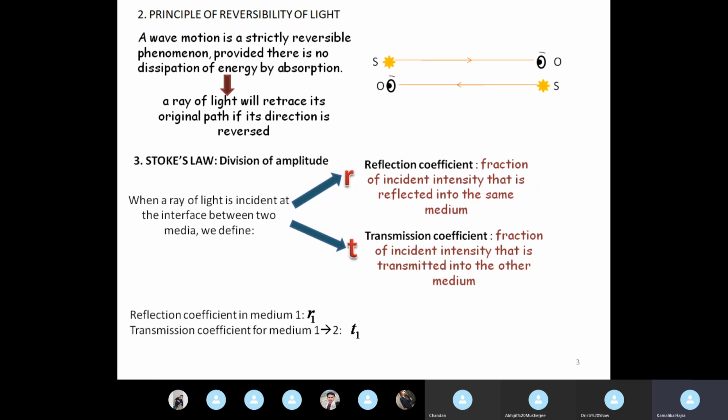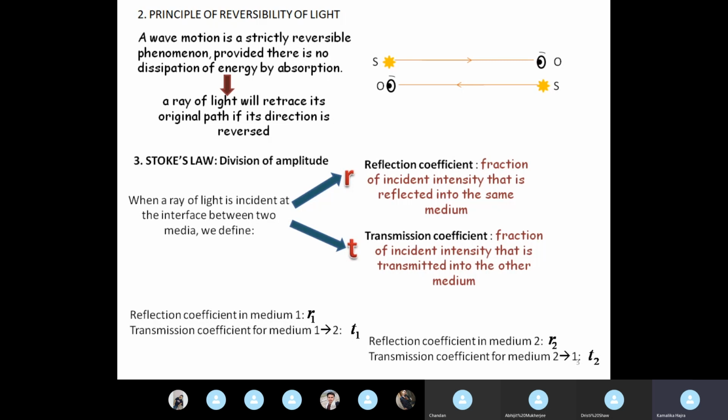And so when we are analyzing light traveling from medium 1 to medium 2, we define the reflection coefficient in medium 1 as R1 and the transmission coefficient for traveling from 1 to 2 as T1. Again, the reflection coefficient in medium 2 as R2 and the transmission coefficient for traveling from medium 2 back to 1 is T2. So this is how we define.